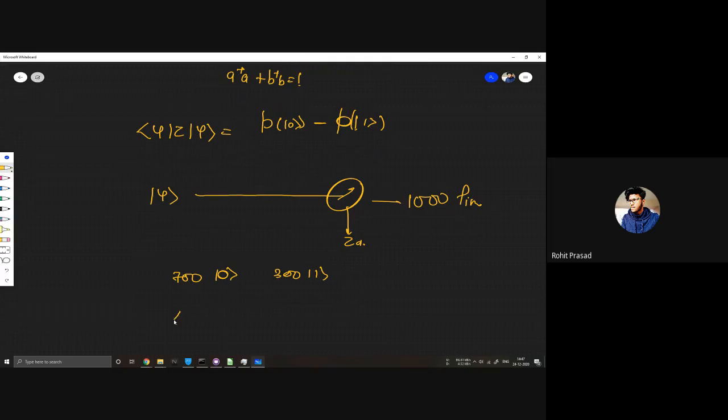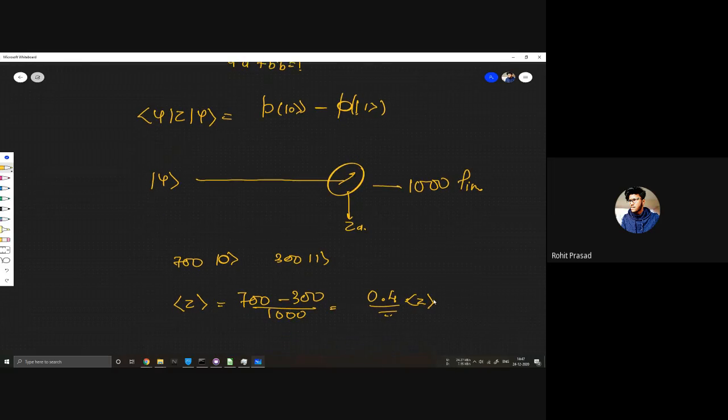So the expectation value of z will be equal to (700 minus 300) by 1,000. That's equal to 0.4, right? So this is our expectation value of z.